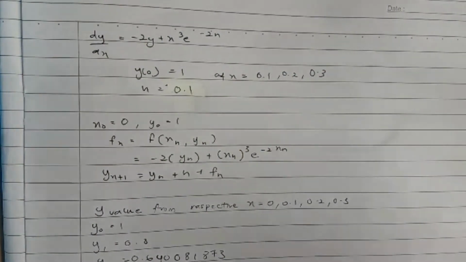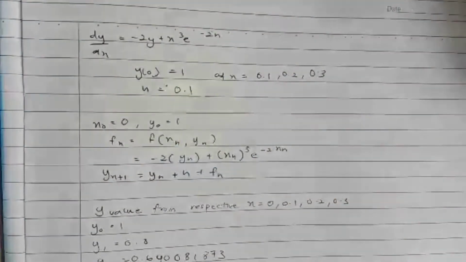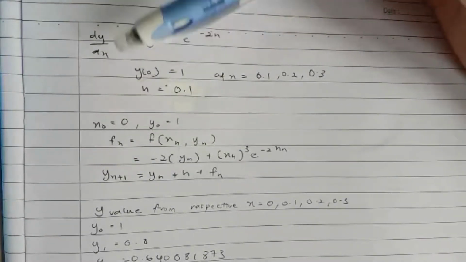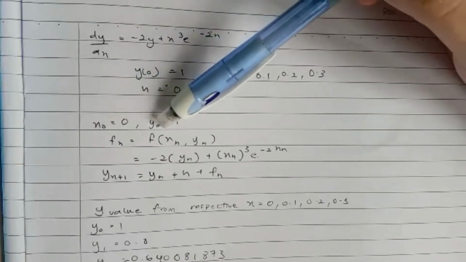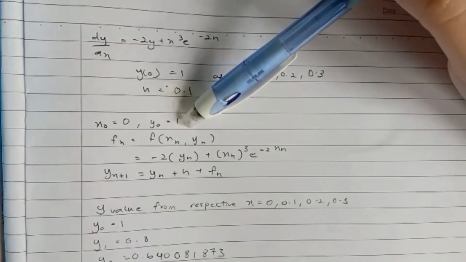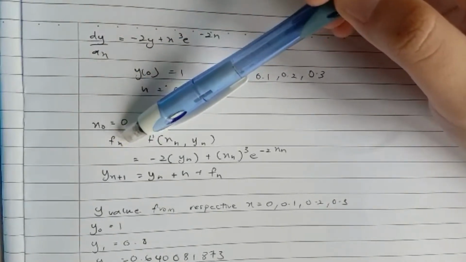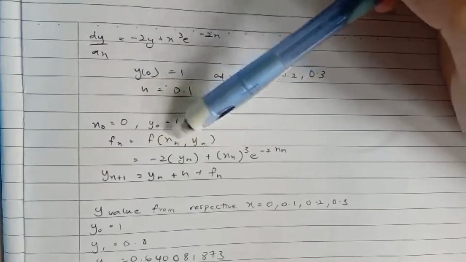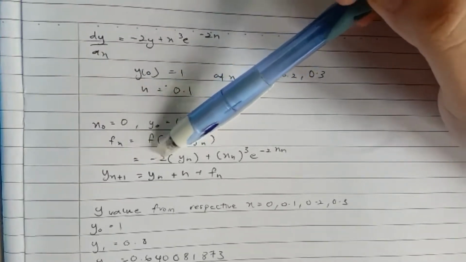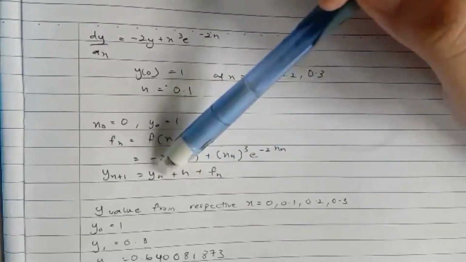Let's say we are trying to find f0. We have the value of x0 and y0, where x0 is 0 and y0 is 1. To find f0, we just substitute the value of x0 and the value of y0 into the equation that we have here.